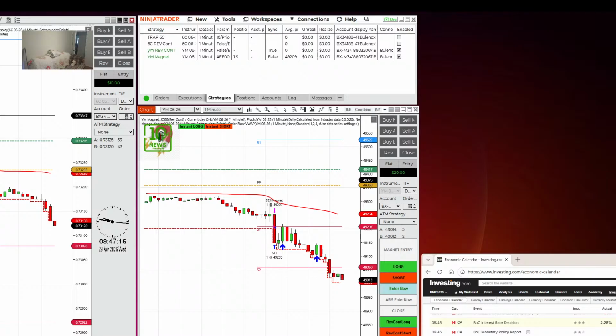With a magnet, it'll eventually give a signal when it decides to run out of steam. And eventually there will be a reversal, but we're not going to catch it because the event itself just didn't do much, okay? It just didn't do much.